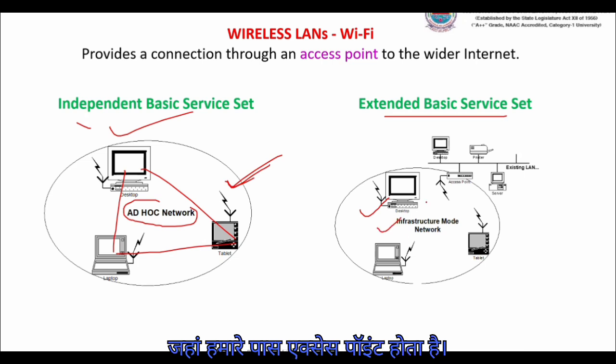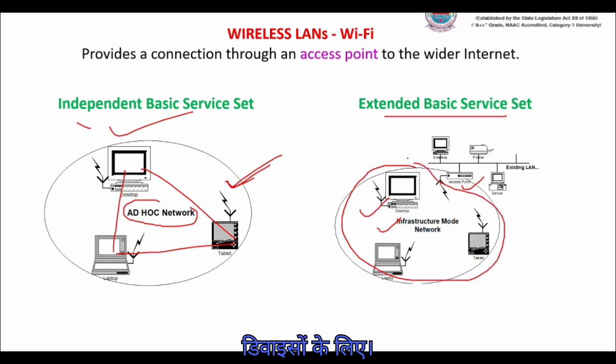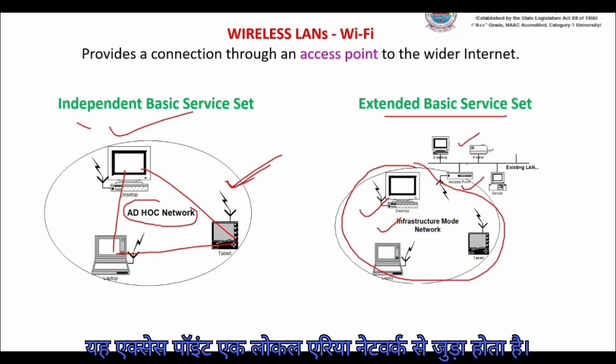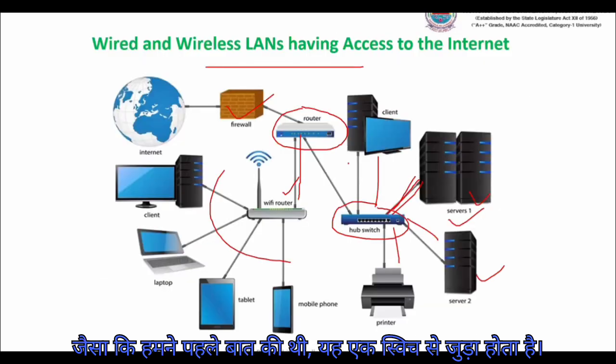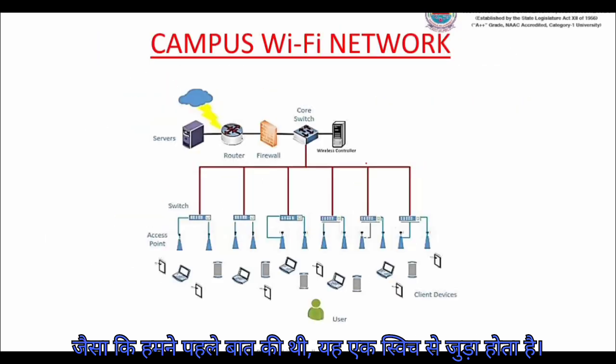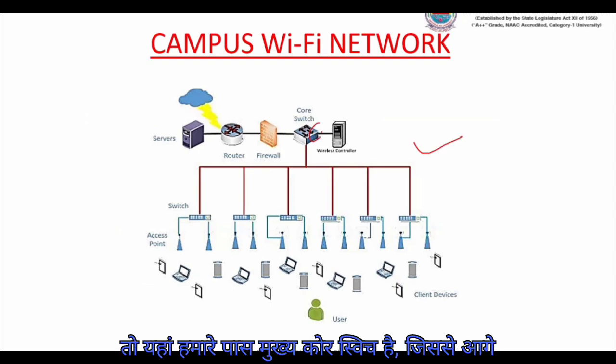And then we have the other one, which is infrastructure mode, where we have the access point, and this access point supports wireless connectivity for the devices. This access point is connected to a local area network, as we talked about earlier, that it is connected to a switch. And this is a campus Wi-Fi network like we have in our universities.